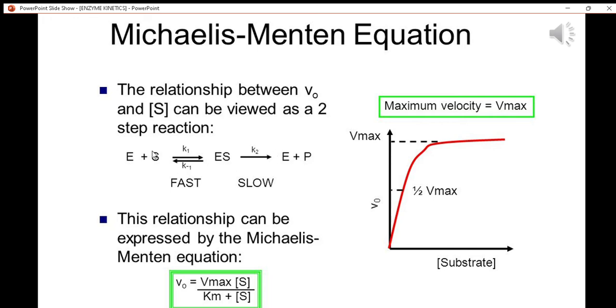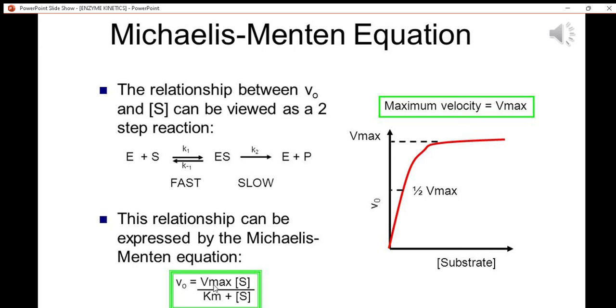You know that this phase is a slow phase compared to the initial phase. And accordingly, we arrive at the Michaelis-Menten equation. V0, what is V0? V0 is the initial reaction velocity which we used to plot the graph, and it is equal to Vmax, the maximum velocity we observed, times the concentration of substrate, with the square bracket indicating concentration of substrate, divided by Km.